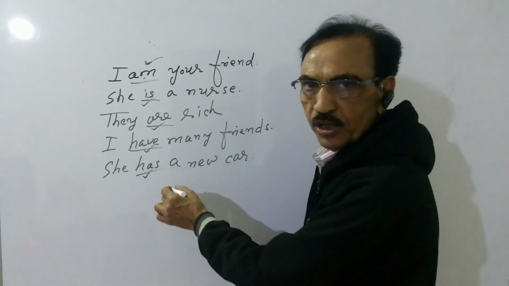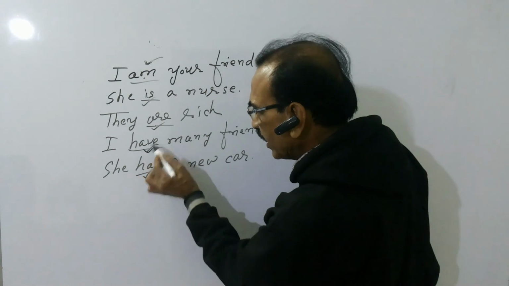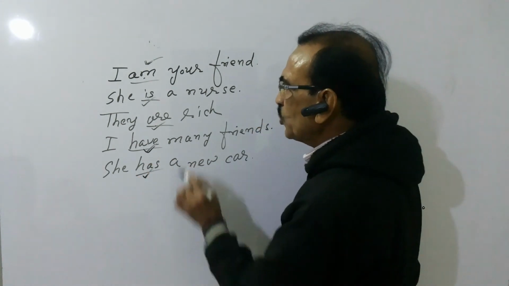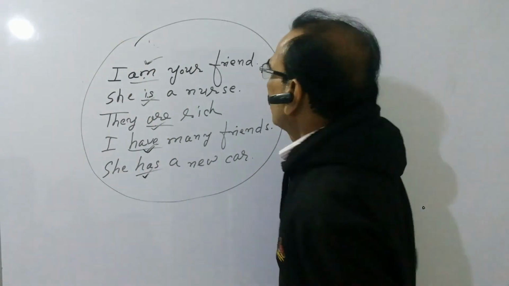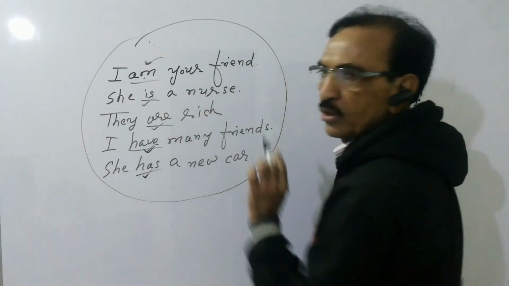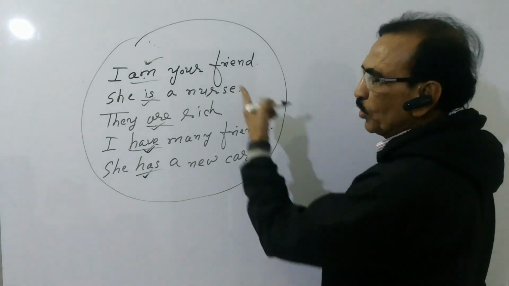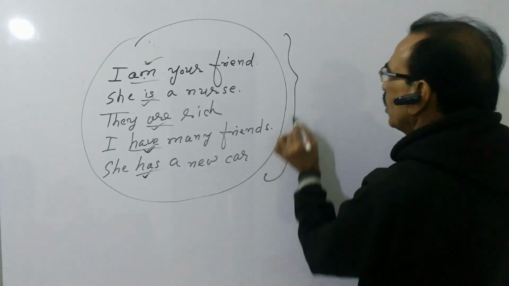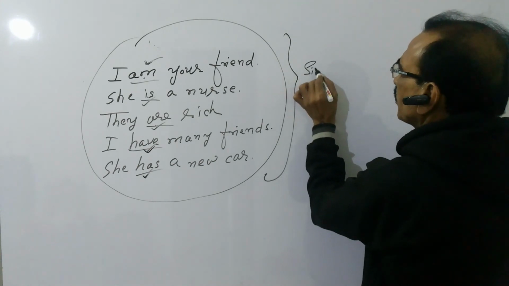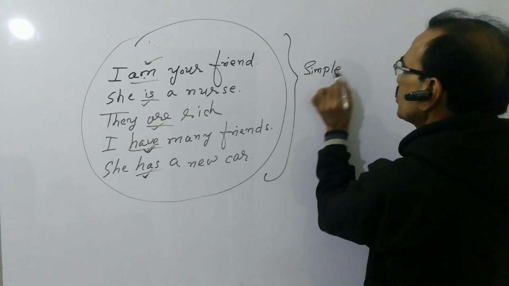Whereas in these sentences, I have used have and has as the main verb. In short, if somebody asks you the kind of the tense for this sentence, you should say all these sentences are considered to be in simple present tense. This is very simple.